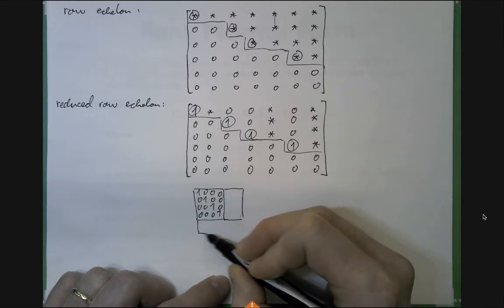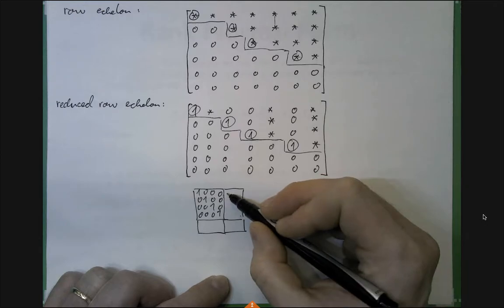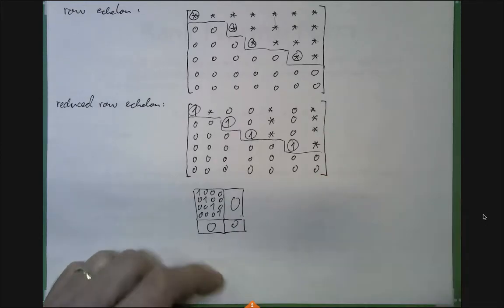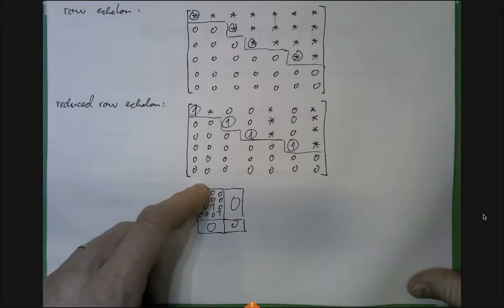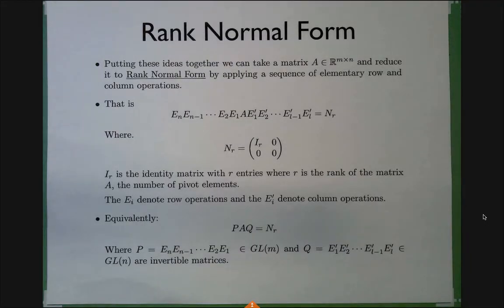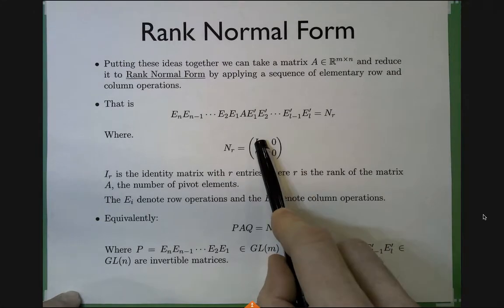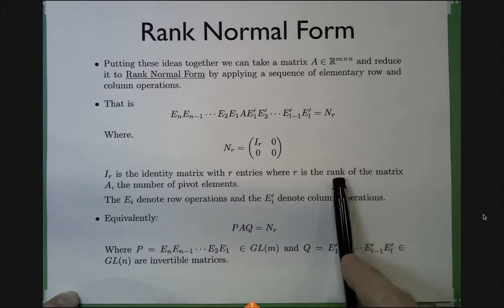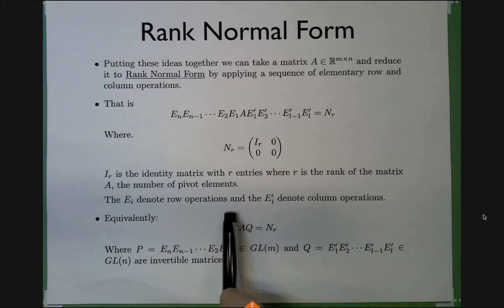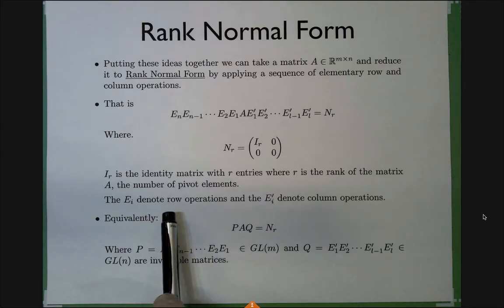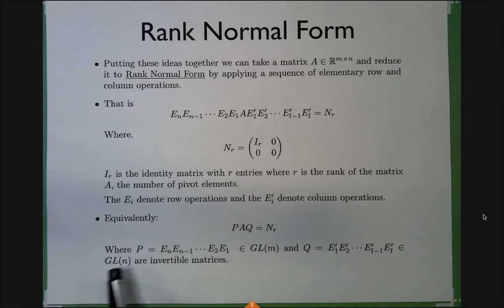This would be just all blocks of zeros, right? 0, 0, 0 everywhere. And the number of ones in this identity, that's exactly the rank of the matrix. So that's one way you can compute the rank of the matrix.